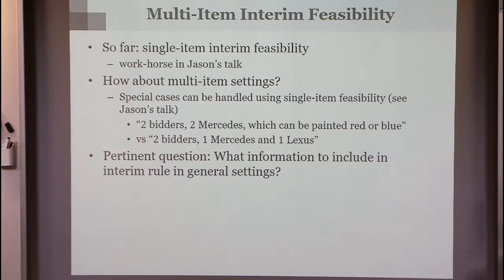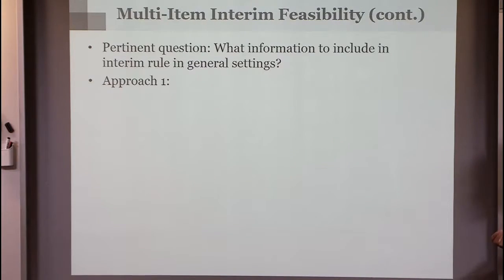The pertinent question is, okay, you have to come up with some interim rule to describe even multidimensional settings. The question is what information you need to maintain in this interim rule. The obvious approach is to generalize what I was doing in the single item setting.